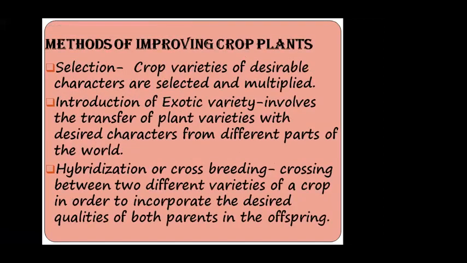The various methods of improving the crop plants are, first one is selection. Crop varieties of desirable characters are selected, multiplied, and then used for agriculture. Another method is introduction of exotic variety, which involves the transfer of plant varieties with desired characters from different parts of the world.